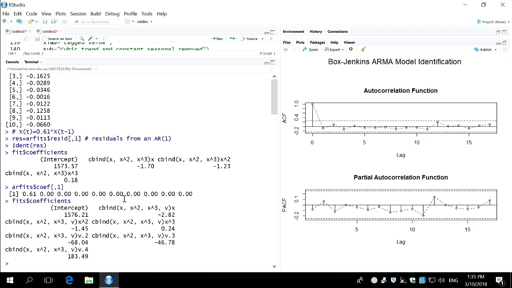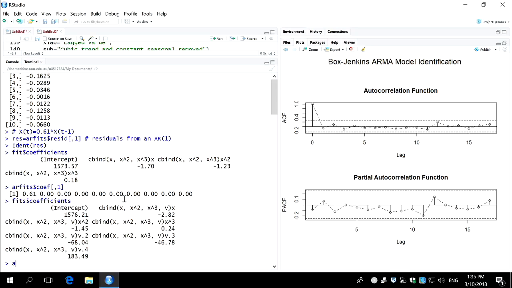So that only gets picked up if you're in winter. Minus 46.78 times an indicator that you're in spring. That only gets picked up in spring. Plus 183.49 times an indicator you're in summer. Okay? That's the first part of your model. Plus xt, where xt is your irregular. Okay? So you write all that down.